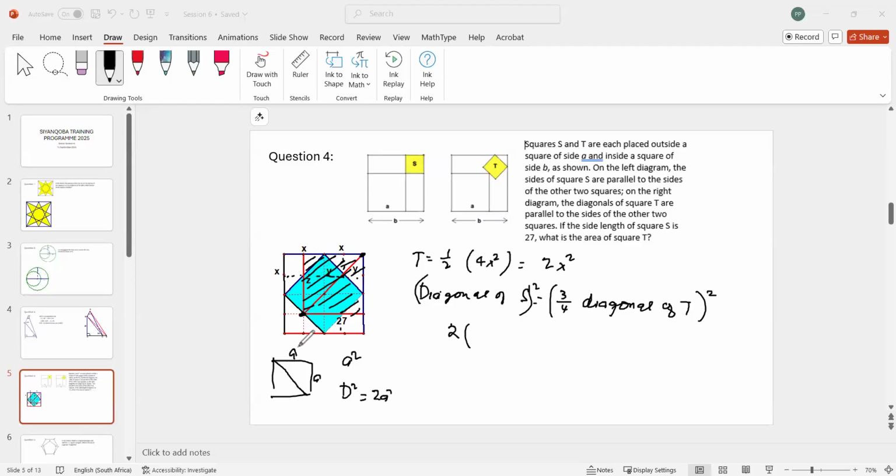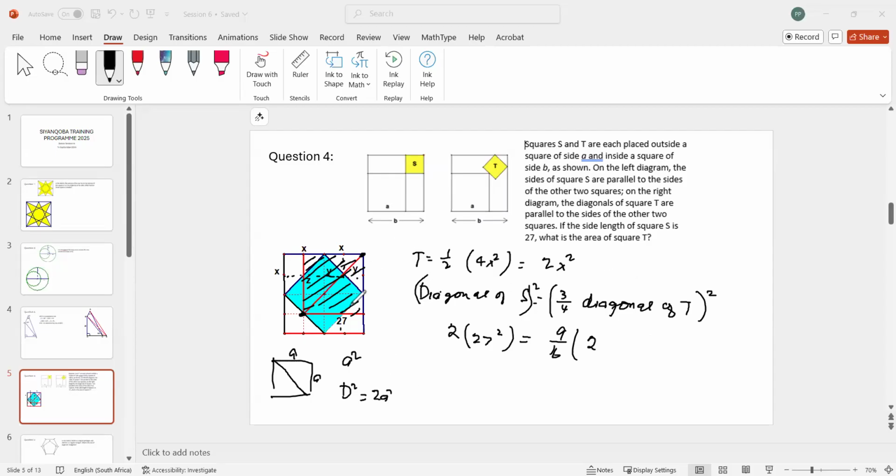And we saw the side of S was given as 27. They say here, the length of the side of the square is 27. So it's 2 times 27 squared, which is equal to, when you square the 3/4, you get 9/16, times the square of the diagonal of T. And the square of the diagonal is twice the square of its side.